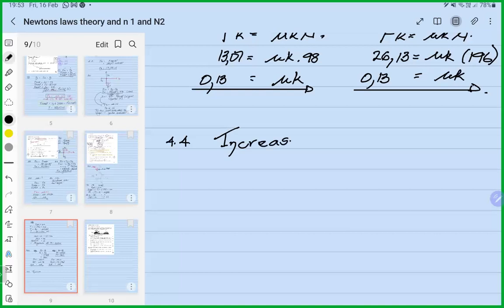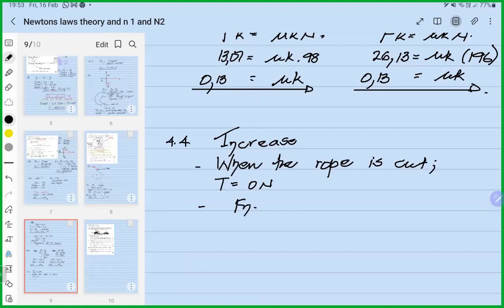And the reason for this: when the rope is cut, T equals 0 newtons. So your F net will simply be F applied minus Fk.